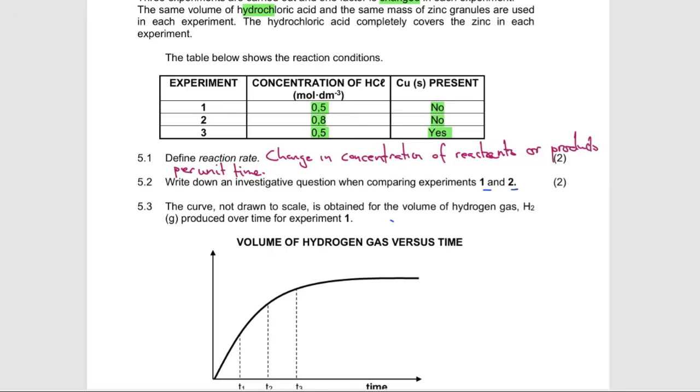Basically, if I'm to write a basic one, I'm going to say: what is the relationship between the concentration and reaction rates? Like that. So now I was able to identify the independent and the dependent variables.